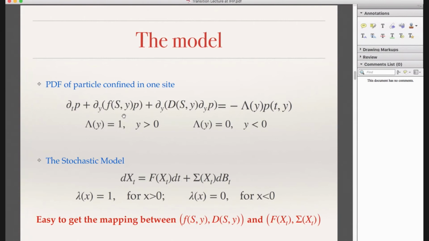Inside one site, we can imagine this y as a space variable, while this s is a potential. It's clear that the particles can wander around in some potential well.